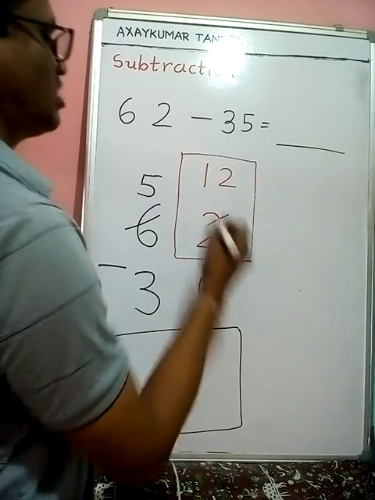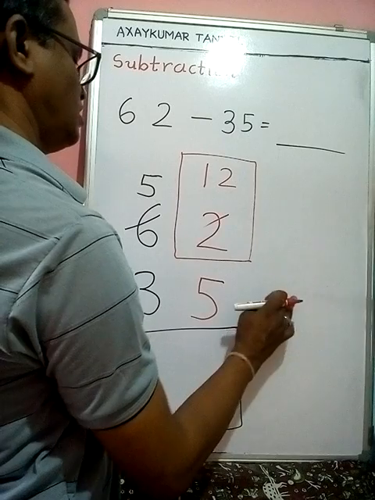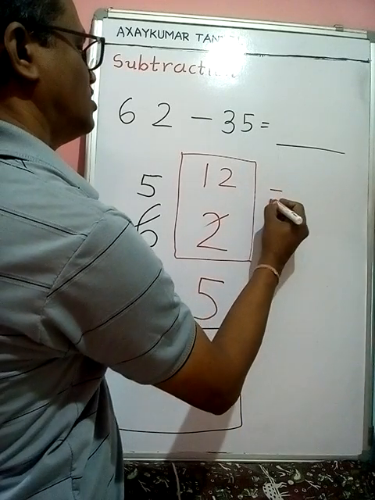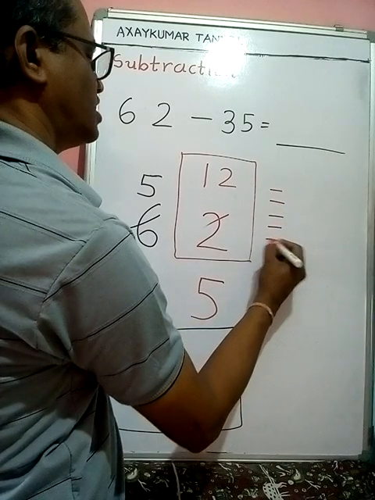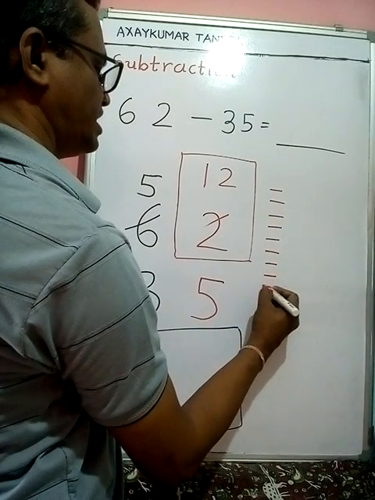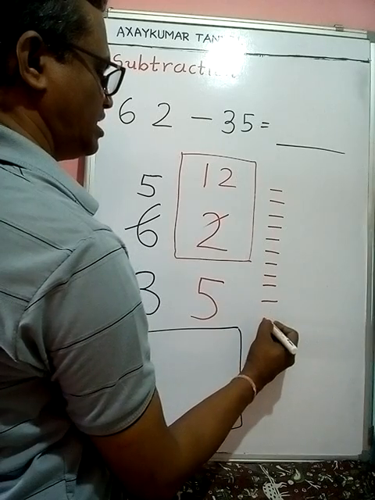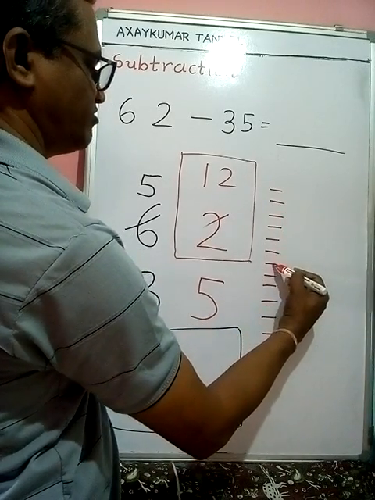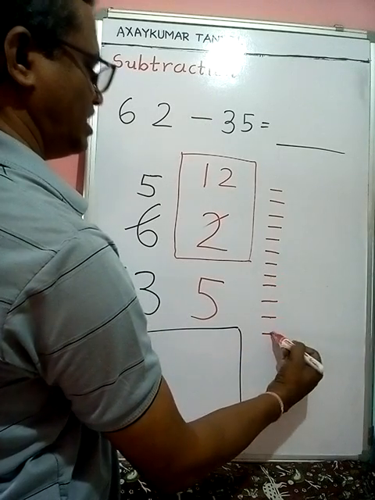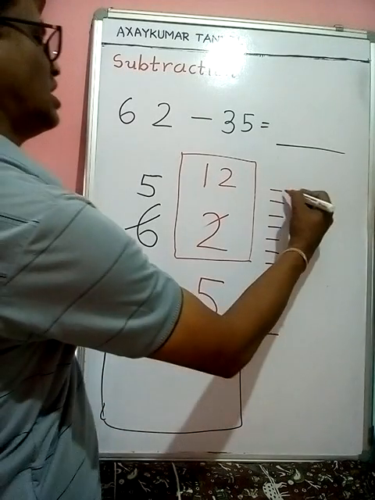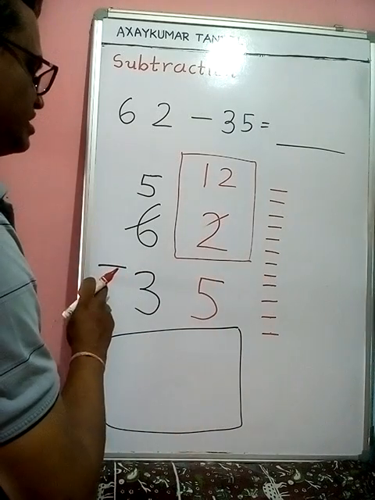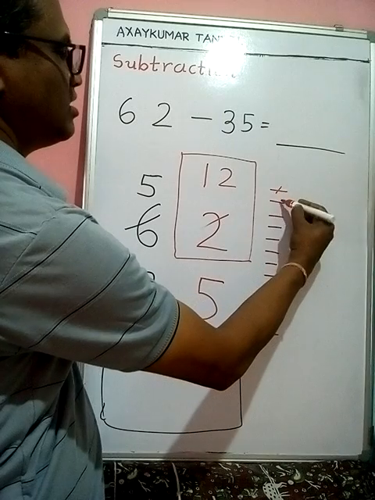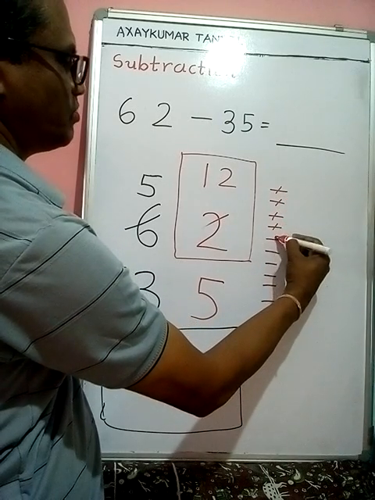We draw 12 lines: 1, 2, 3, 4, 5, 6, 7, 8, 9, 10, 11, 12. 12 lines, minus cutting how many? 5 lines: 1, 2, 3, 4, 5.